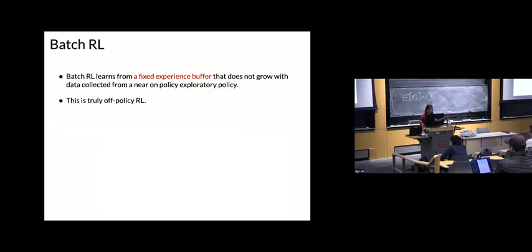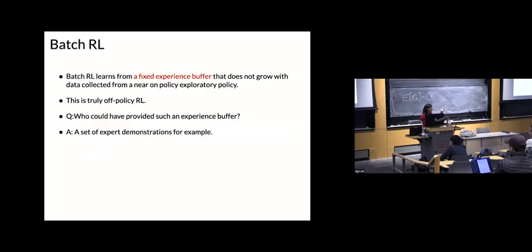So who can give this experience buffer? Anybody. Some experts. It can be some other algorithms, some other learned policies, and so on. Is that clear? Now, is this batch RL clear as a setup?